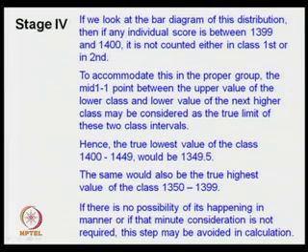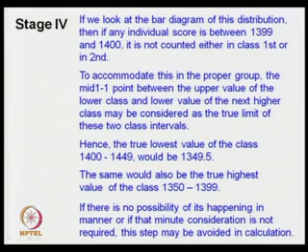If we look at the bar diagram that we have seen right now of the distribution, then if any individual score is between 1399 and 1400, it is not counted either in the first class or in the second.